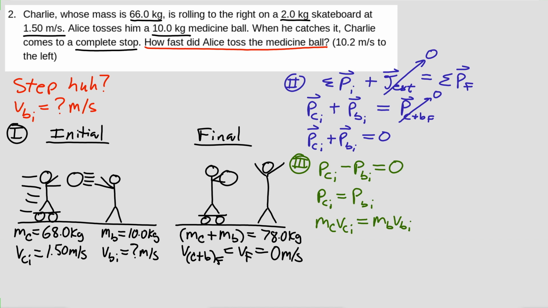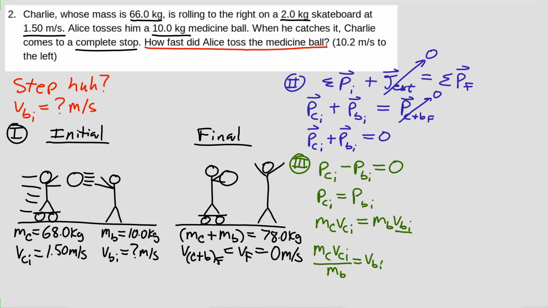So the thing we're actually solving for is this, velocity of the ball initial. So I want to get that by itself on one side. So I'm going to divide everything by m sub b. That's going to give me m sub c v sub ci divided by m sub b, and this is equal to v sub bi.